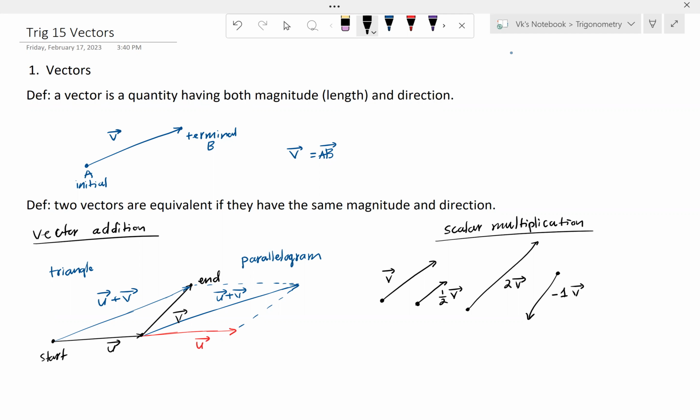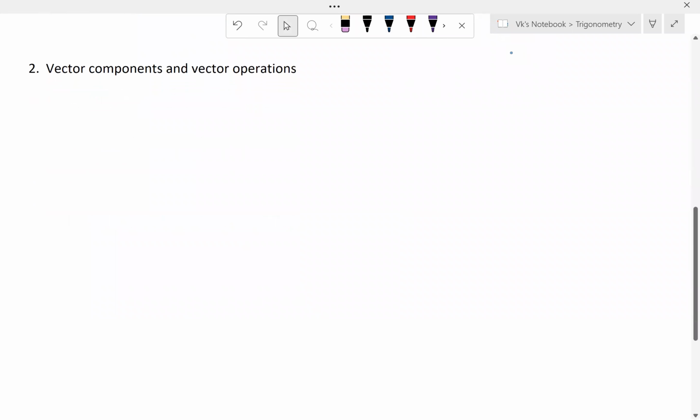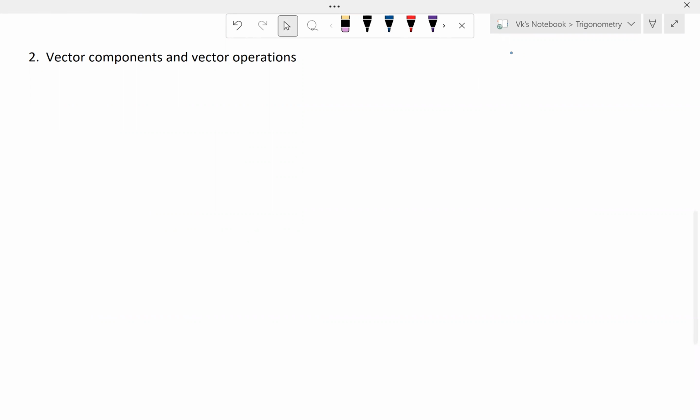So what we see is that we have a constant, or a scalar, c times the vector v, where c is a real number. We use c to scale vector v. Let's move on to two, vector components and vector operations.